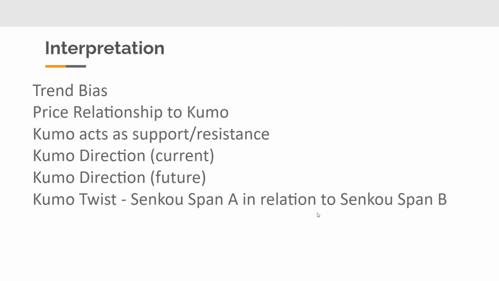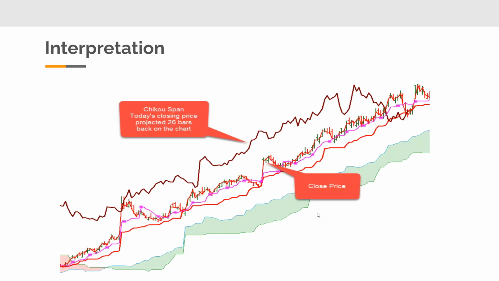In any case, I do want to talk about the final indicator and how it's used. This final indicator is called the Chikou span. The Chikou span is very, very simple. If I took today's close price and shifted it back 26 bars on the chart, it's going to give me the Chikou span.